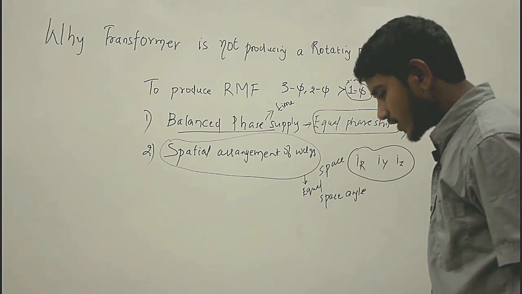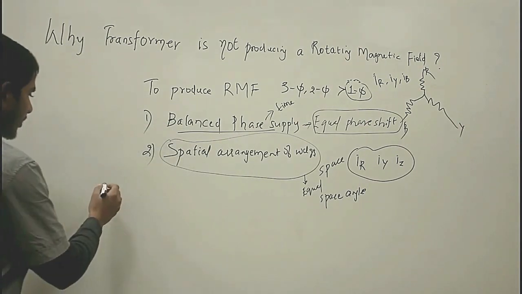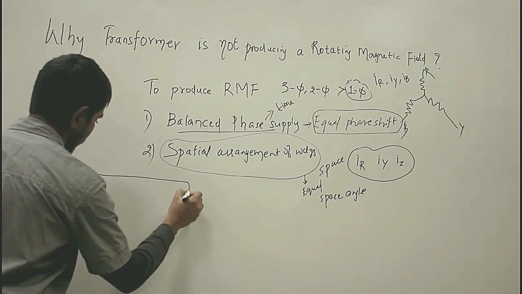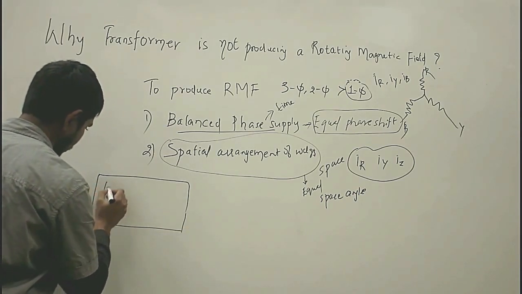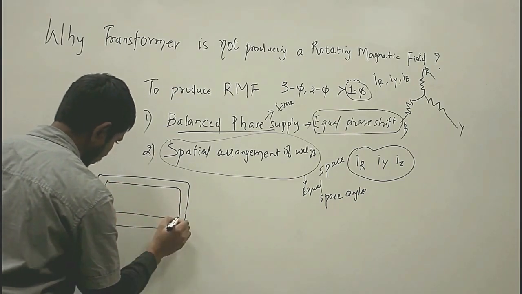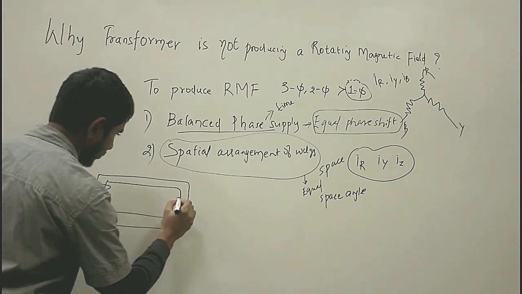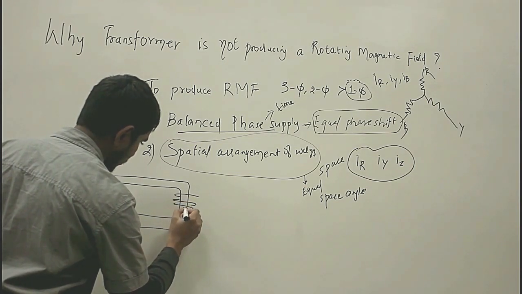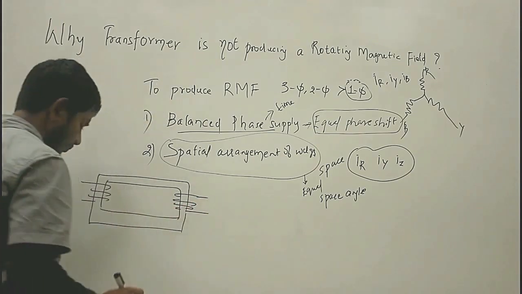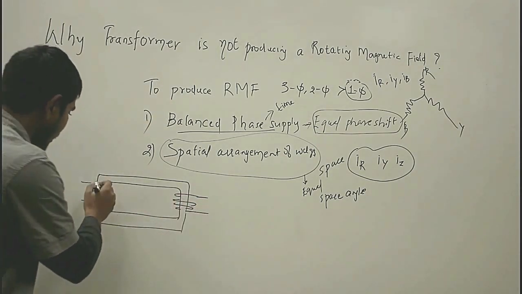Now if we go to the transformer, if I take a core type transformer, here you are having a winding, so here you are having a primary winding and here secondary winding.